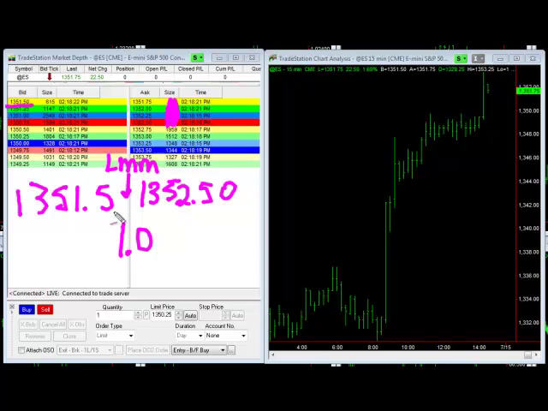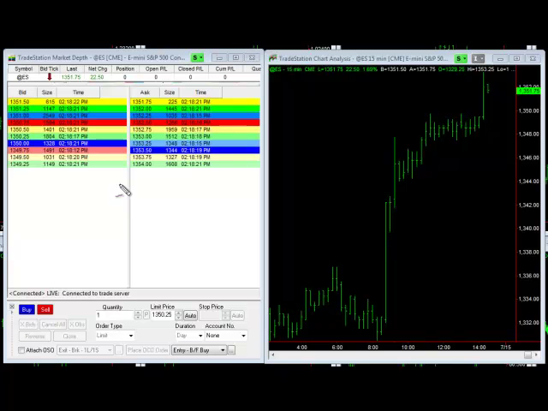So let's talk about your Forex broker and how this works. When you're trading with your Forex broker, they are the market maker. They're the LMM in this case. So let's use these prices as an example.